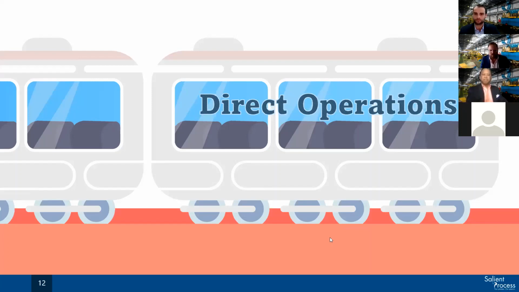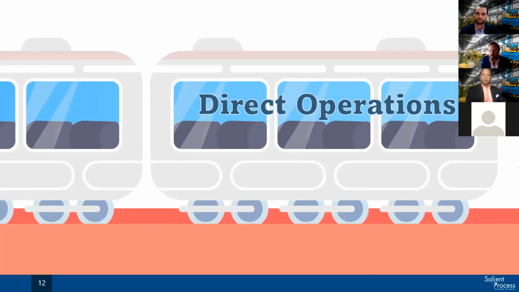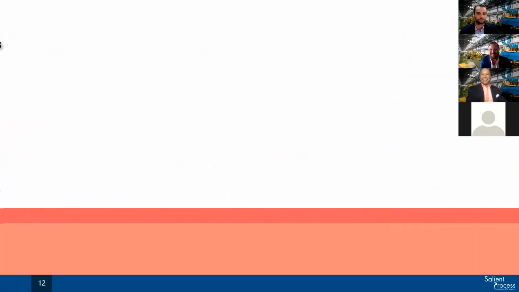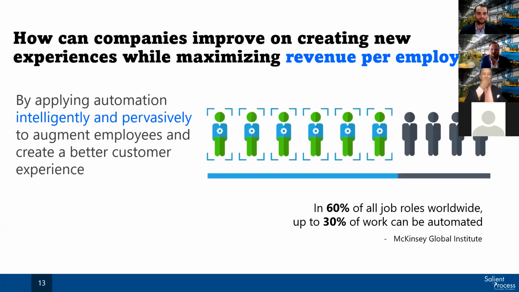But, direct or indirect, and I think we can just go to the next slide if that works. Yeah, there's indirect operations trying to catch up. And then the revenue slide, next one. So yeah, direct or indirect, we can apply these technologies to maximize revenue per employee.